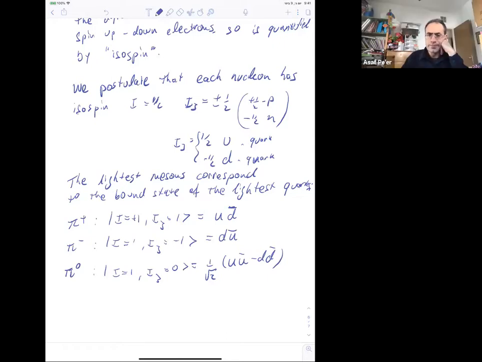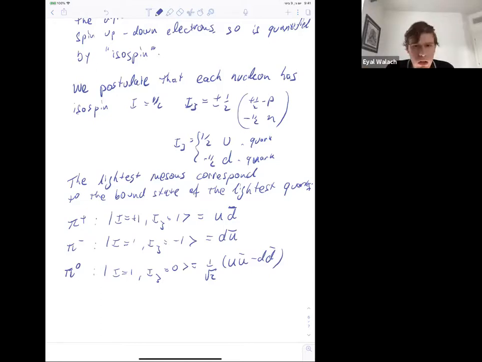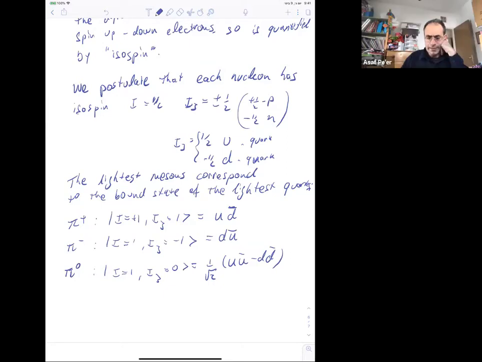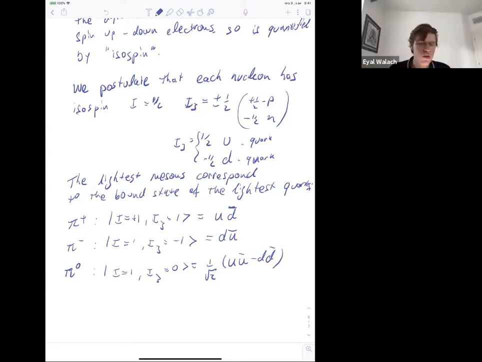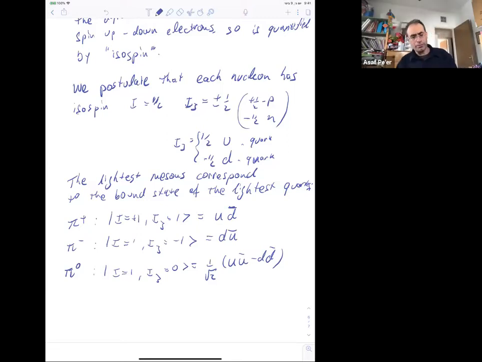Yes, correct. So could they join to create something with total isospin of 3/2? Yes, but this would not be considered the lightest one. This would be an excited state. I'll get to that in two minutes.